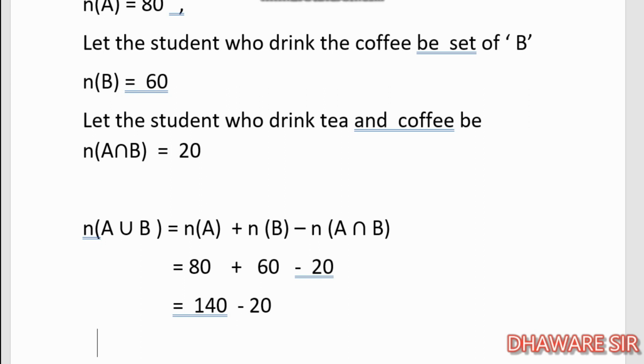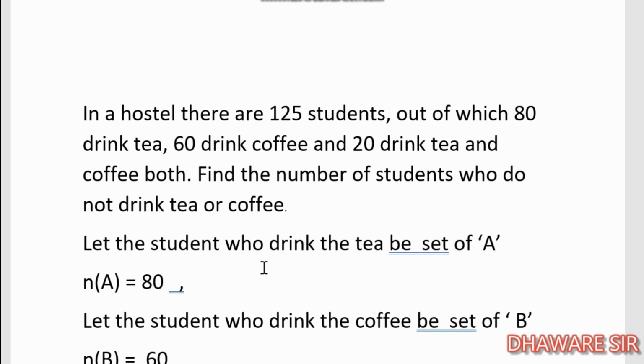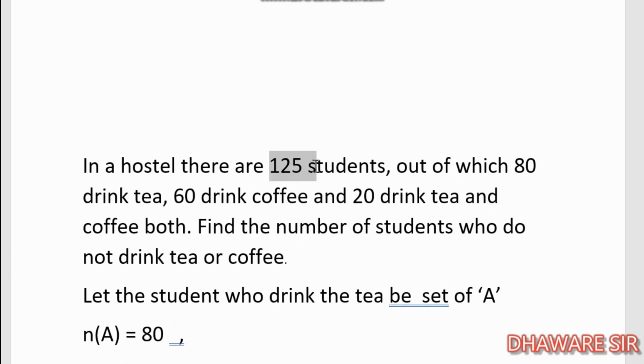So we get 120. There are 120 students who drink tea, coffee, or both, but in the hostel there are 125 students. It means there are 5 students who do not drink tea or coffee.